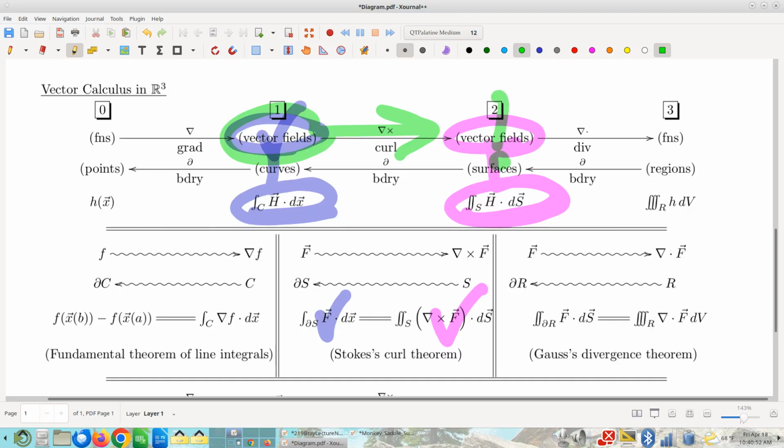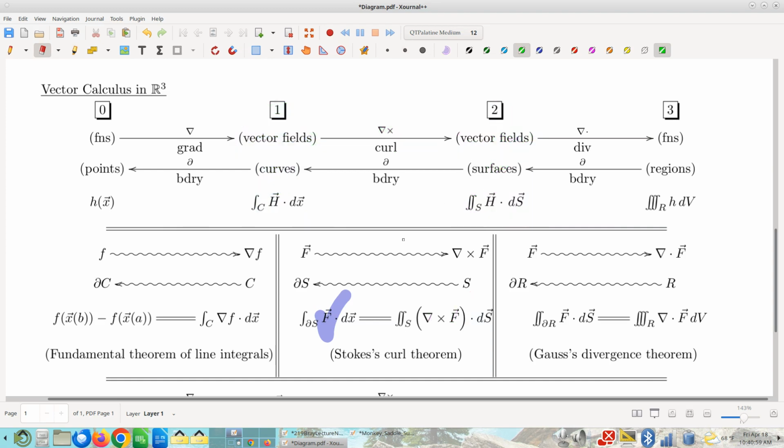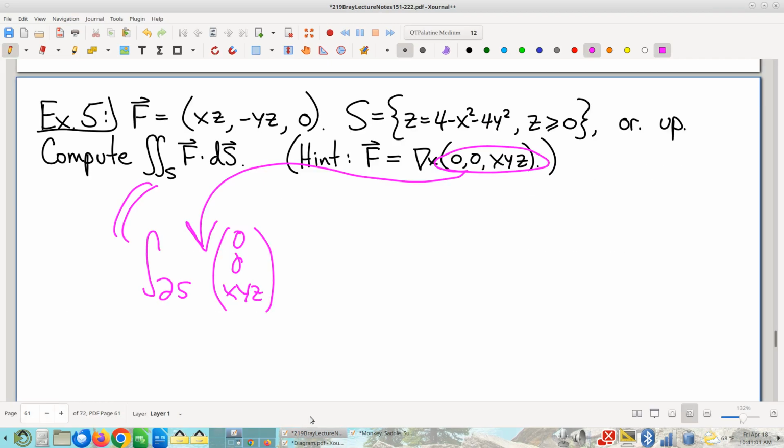So let the diagram be your guide. Follow the diagram, and it will help you avoid these kinds of mistakes. So there you go. Let's see now, dot n dS. And we better figure out what our curve is.